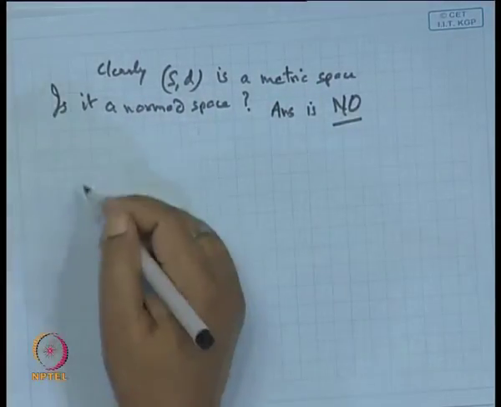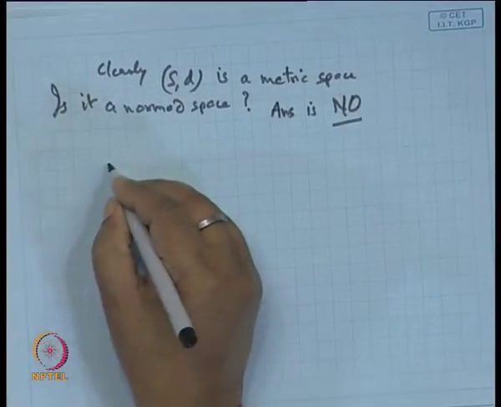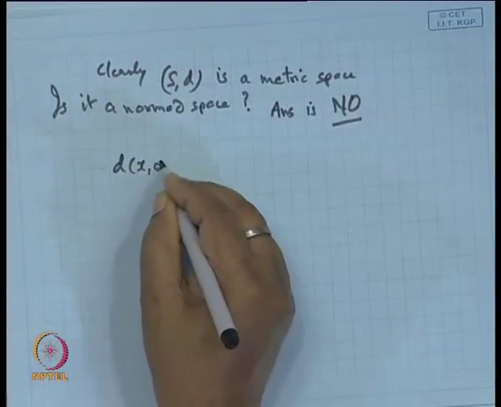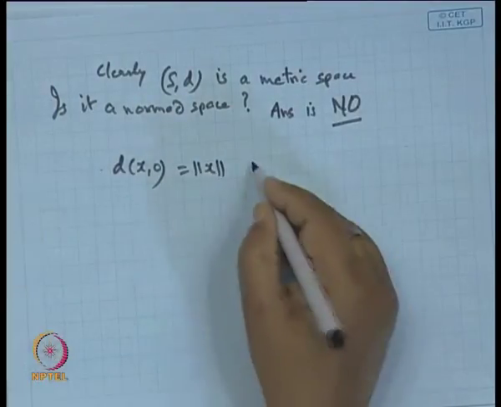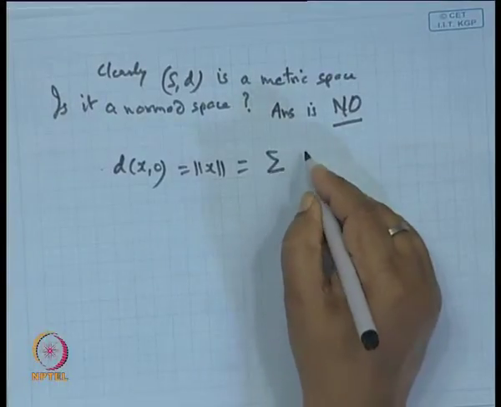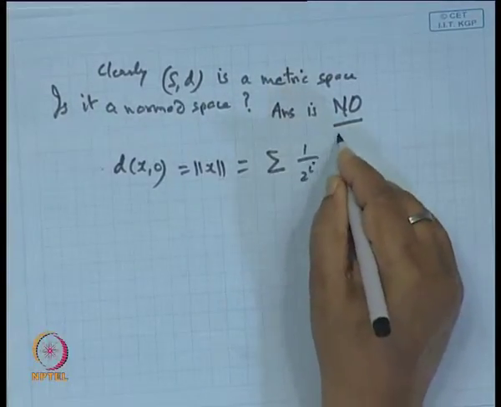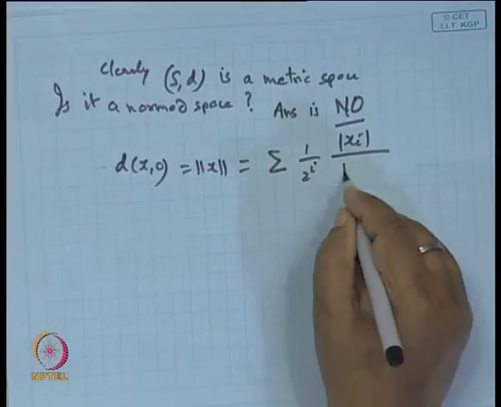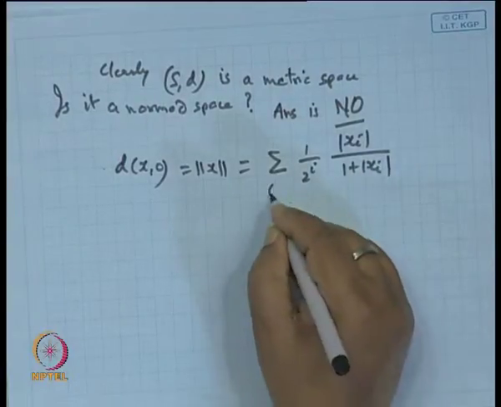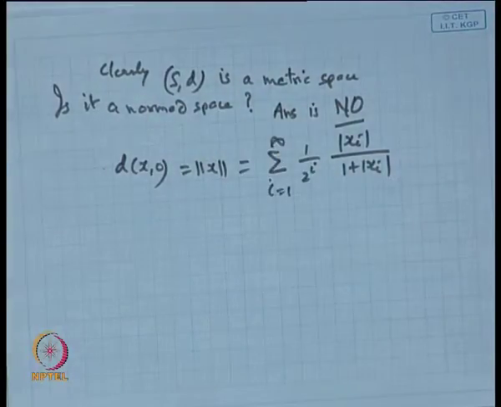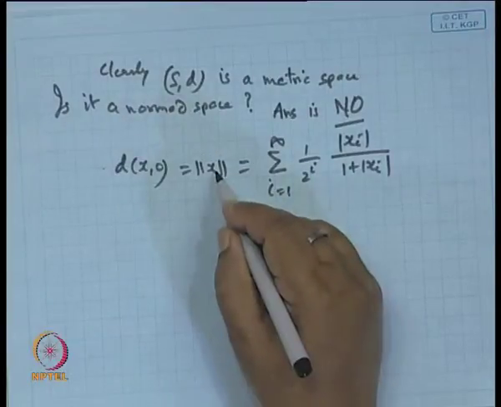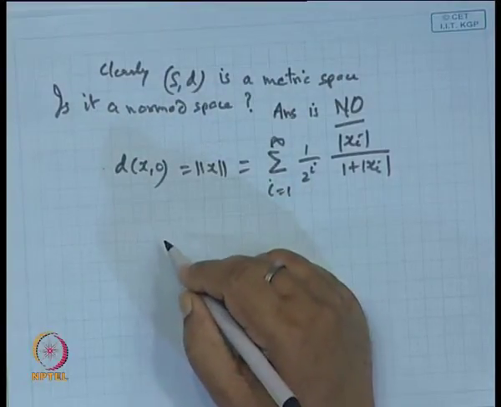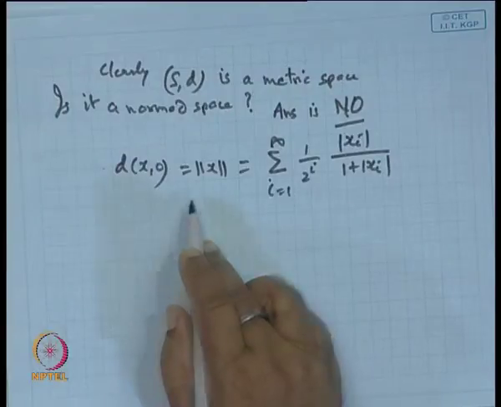Then d of x, 0 would be the norm of x, which is equal to sigma 1 by 2 to the i, mod of x_i over 1 plus mod x_i, i is 1 to infinity, is it not? Because what is this norm x? It is the length of the vector, from the origin you are choosing the distance.